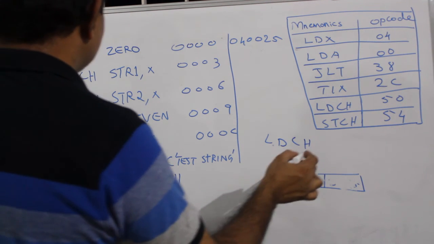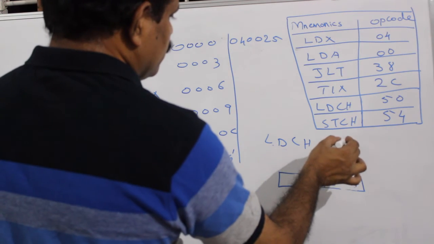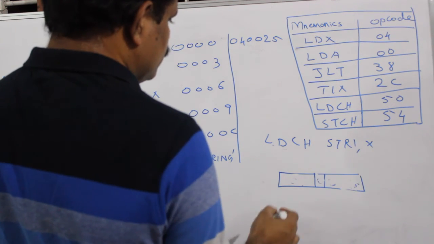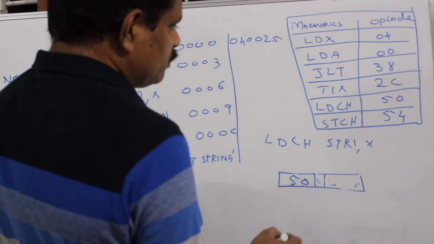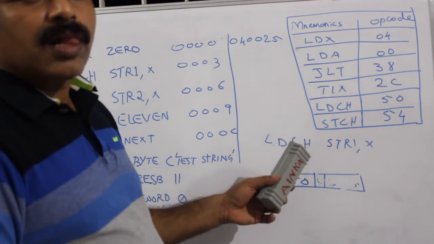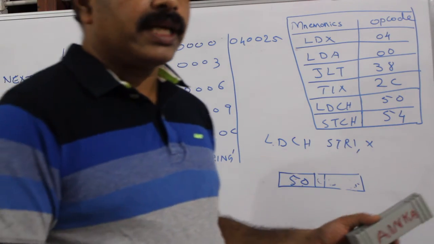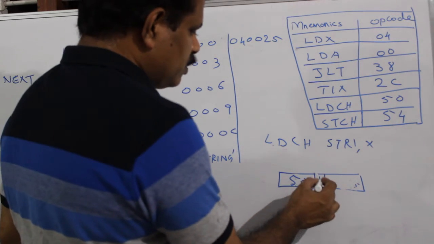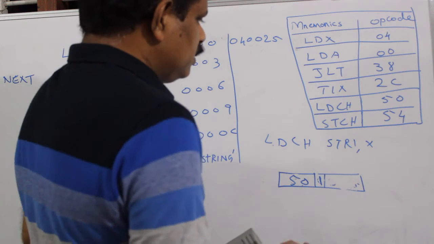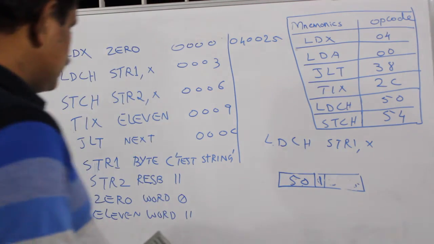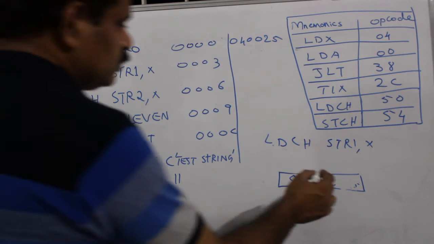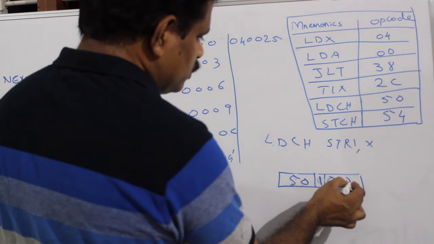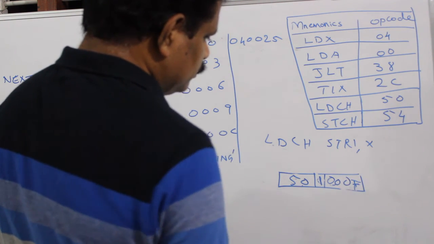LDCH STR1,X. What is the opcode of LDCH? It is 50. This is indexed addressing, so 1 should be here. Then the address of STR1. What is the address of STR1? It is 000F.